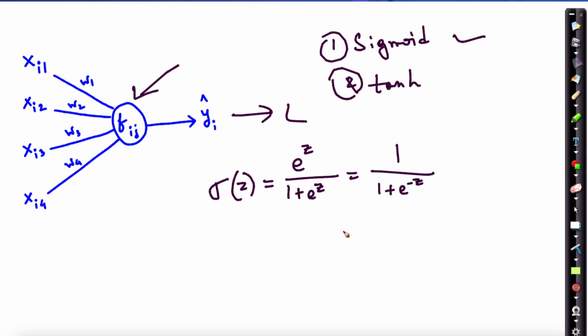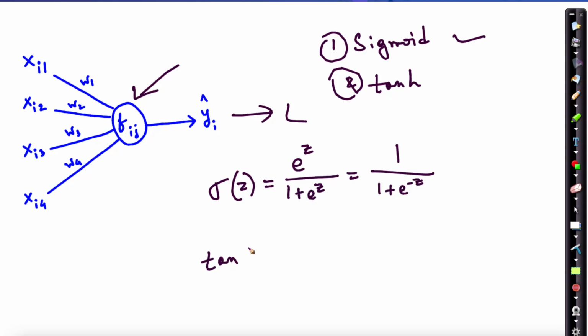So you should wonder, right? I said that it should be very easily differentiable. But looking at this, it looks very complicated. How does it satisfy the second property? That is a very good question. I'll come to that. Now, before doing that, let me talk about tan h.